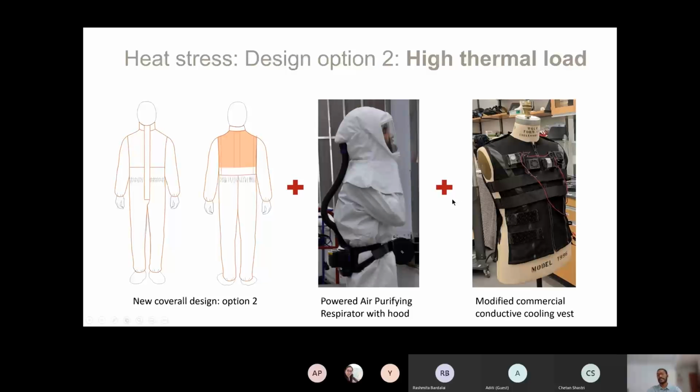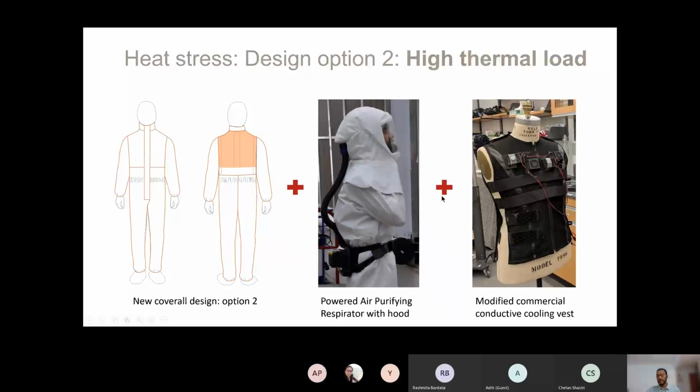So to complement that, we introduced a conductive cooling device, which works on the principle of Peltiers, where ceramic plates are in close contact with the body, and it is battery operated.